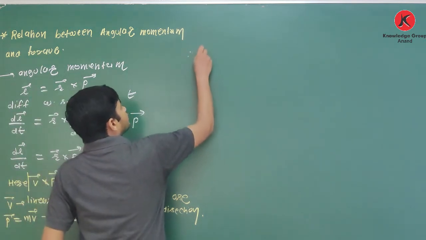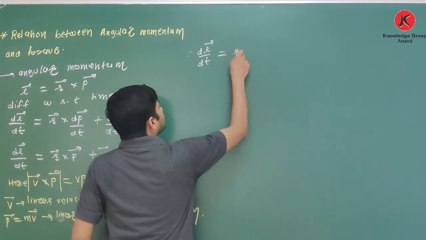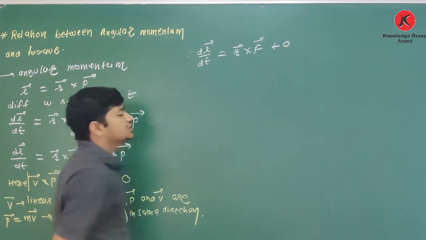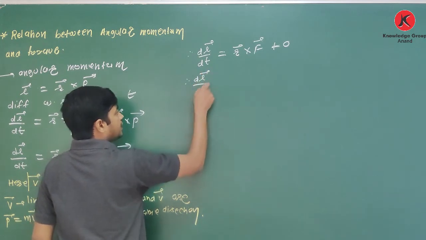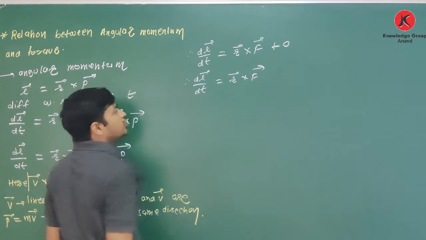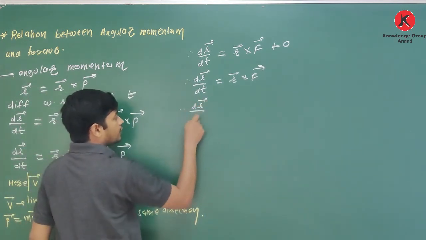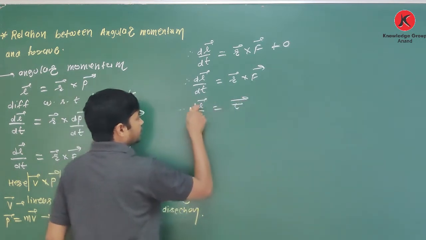Therefore dL upon dt is equal to r cross F plus 0. Simple. So dL upon dt is equal to only r cross F, and we know that r cross F is torque.